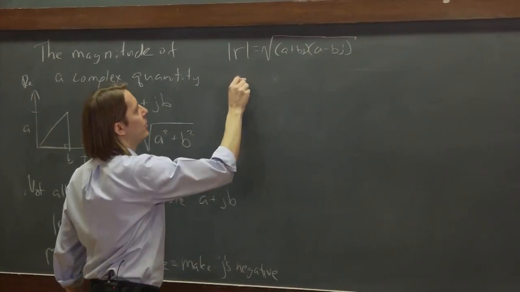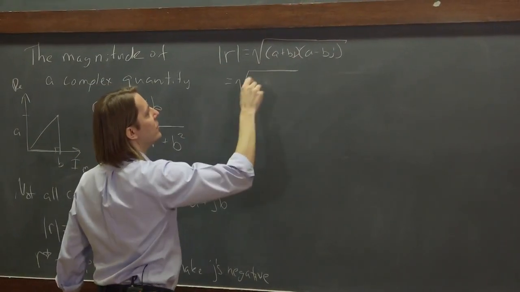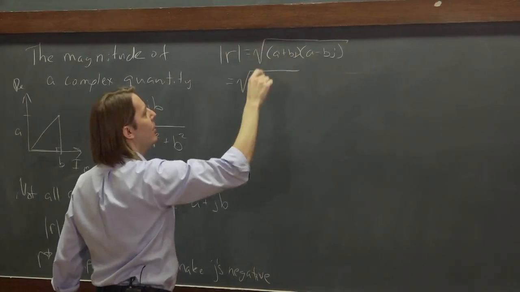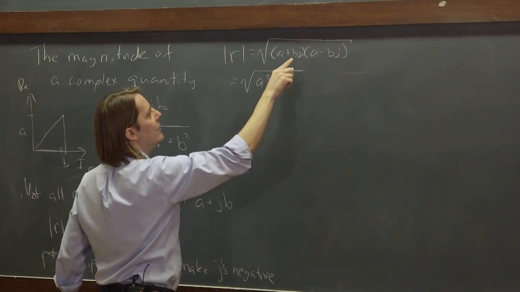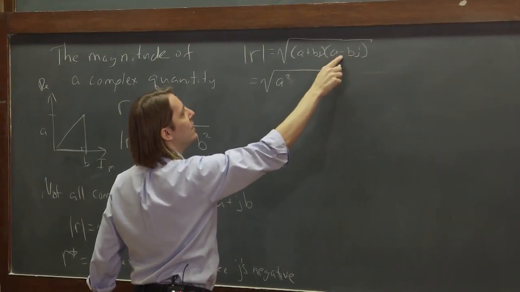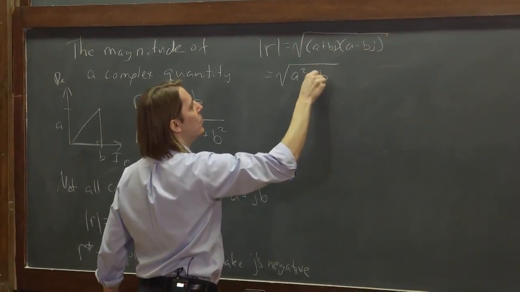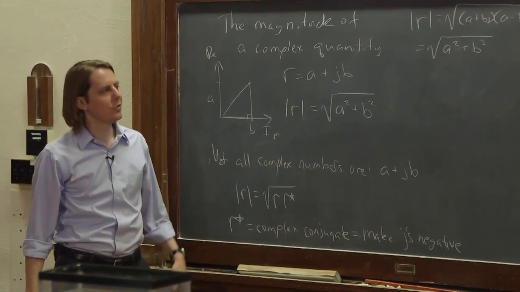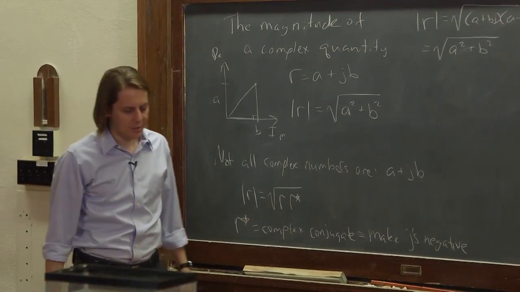And what is that? That's equal to the square root of a squared, and then the cross terms cancel, and then it's b squared negative, but then the two j's make it positive. So you get the same thing as the Pythagorean theorem. Okay? So this is the general way to get that magnitude.